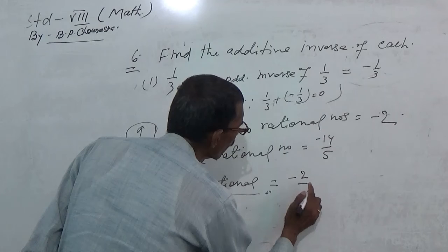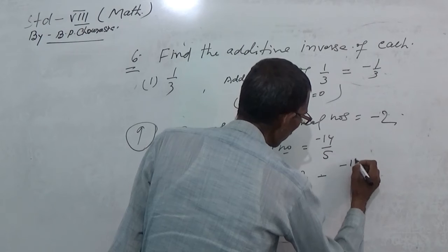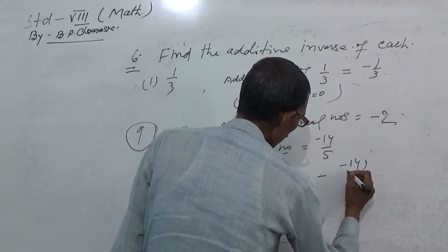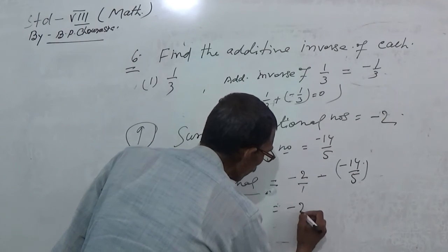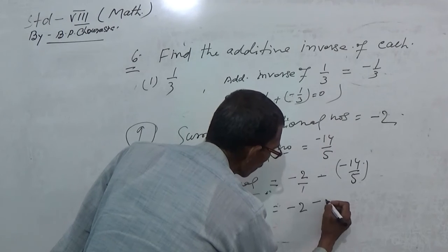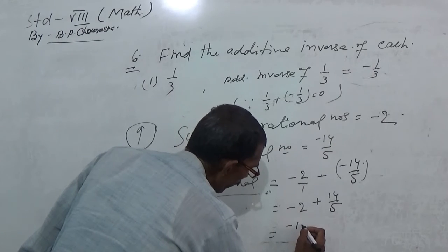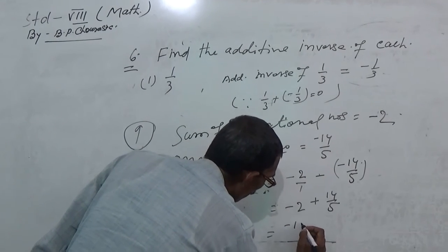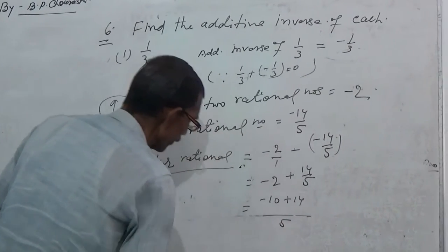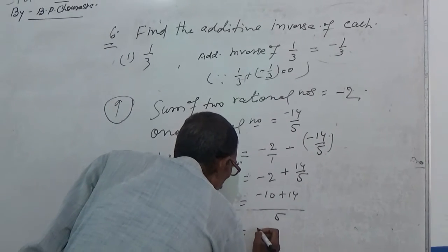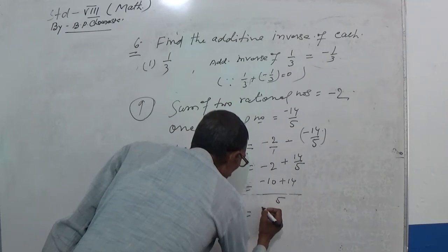Minus 2, there is no denominator, minus minus 14/5 is equal to minus 2 plus 14/5. That is minus 10 plus 14 over 5, which is equal to 4/5.